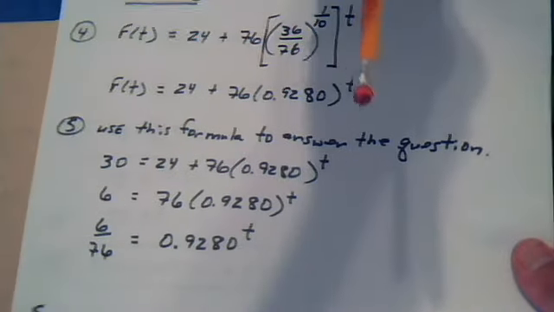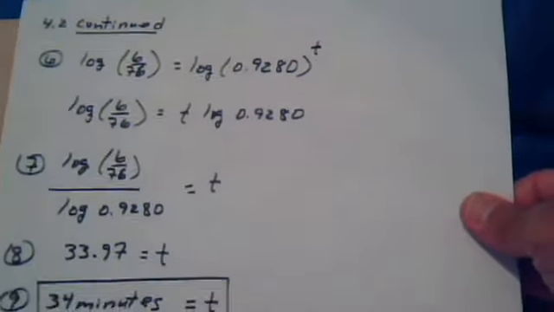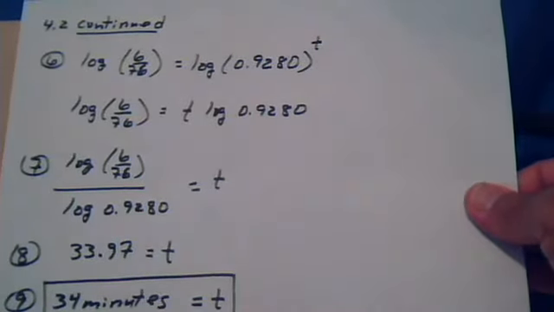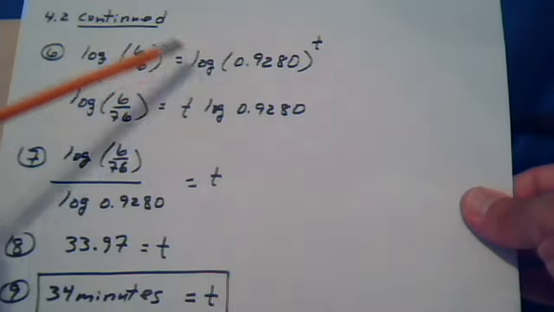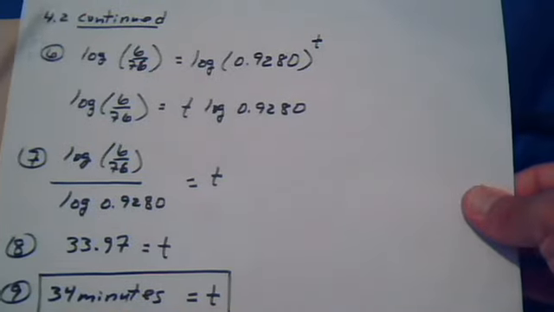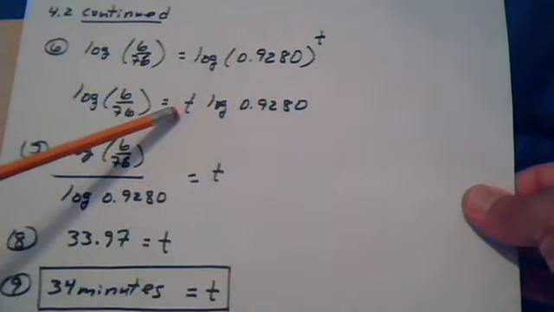So the next step is take the log of both sides. You could use log or ln, it doesn't matter, you get the same answer at the end. So I take the log of both sides. Now this enables me to use the property of logs that allows this power to come down here.